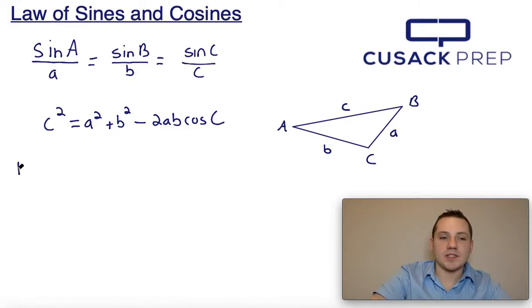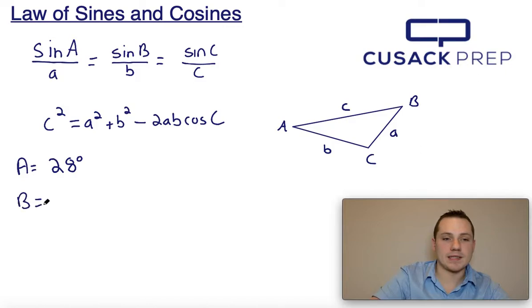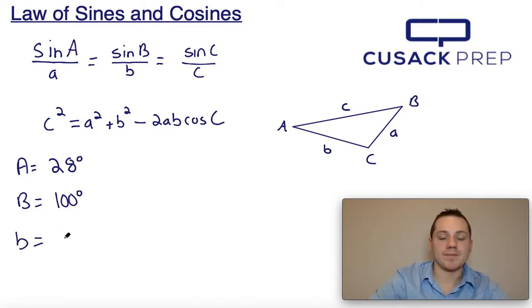Let's say I told you angle A was 28 degrees, and angle B is 100 degrees, and let's say I told you side B is going to equal, let's give it a length of 25.